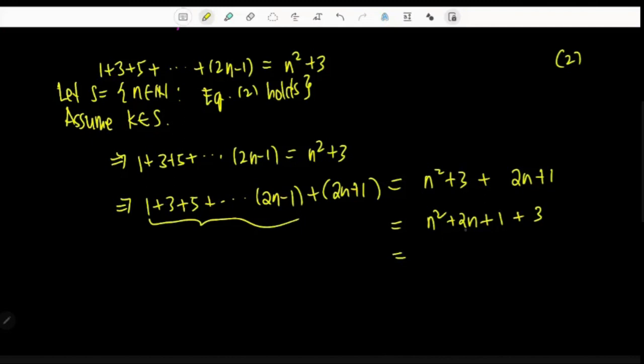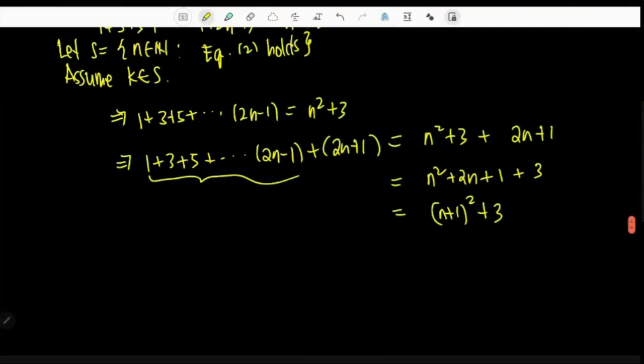Why? Because n squared plus 2n plus 1 is the same as n plus 1 squared, plus 3. So this tells us that n plus 1 also satisfies equation 2, or that n plus 1 is in S. Right? And we may at this point conclude that the formula holds.